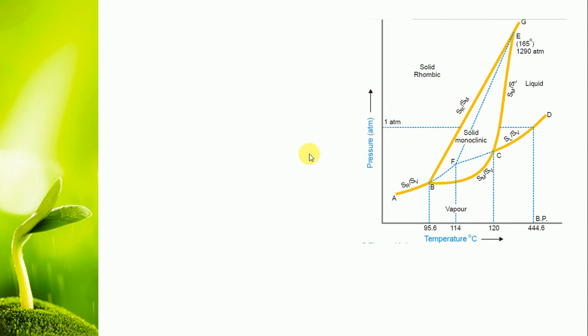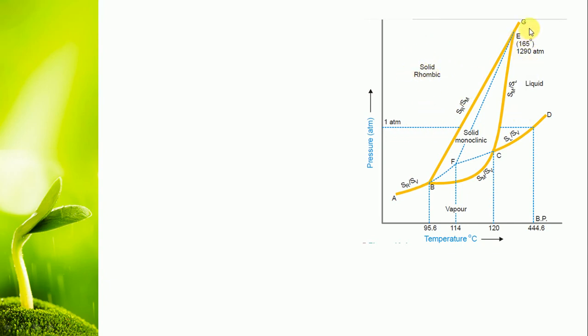Now let's find out the areas of the sulfur system. The area ABCD is dedicated to sulfur vapor. This contains only one phase. Another area, ABEG, is dedicated to solid rhombic sulfur.